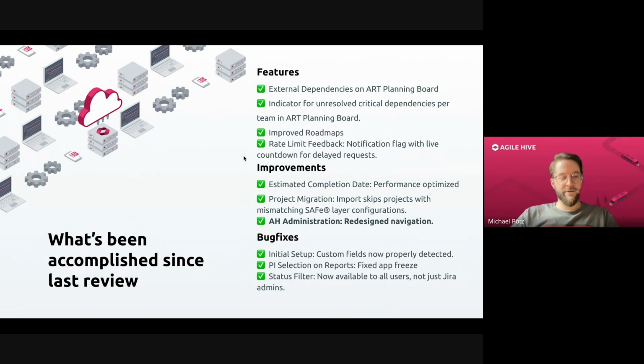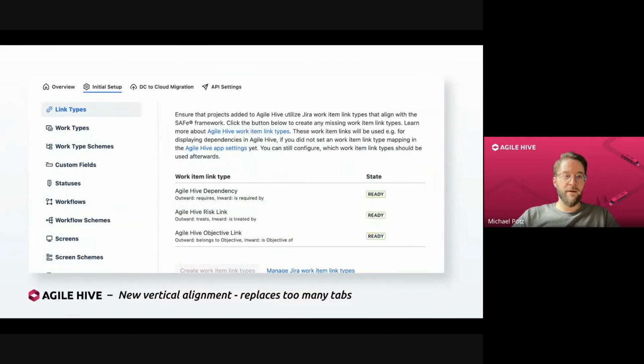The next topic, we are staying in the Agile Hive app administration part. We re-layouted the initial setup page. Previously, all these different items here were arranged as tabs on the top bar of this page here, but with more and more entries coming here, this would overflow and lead to a more icon displayed where you would have to click again and then select the icon that you wanted to actually choose.